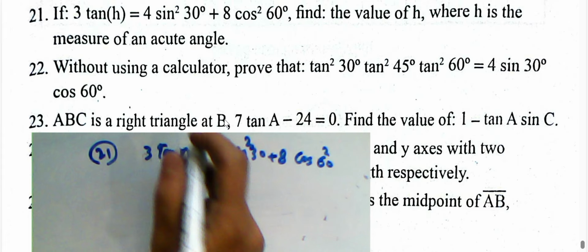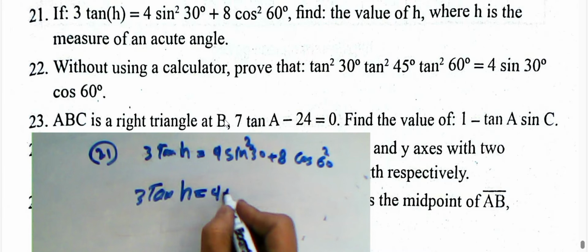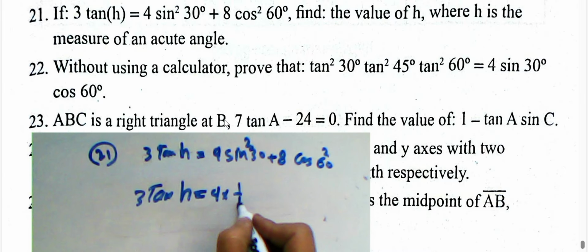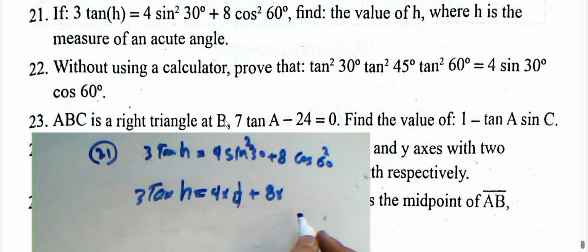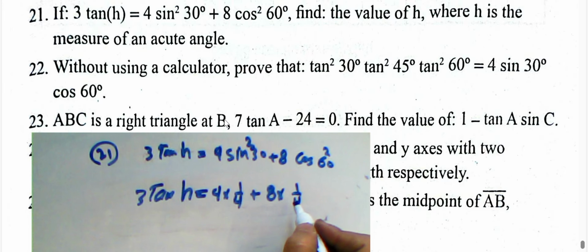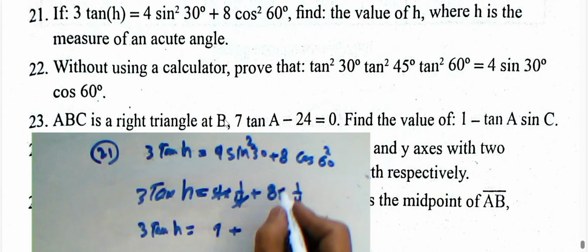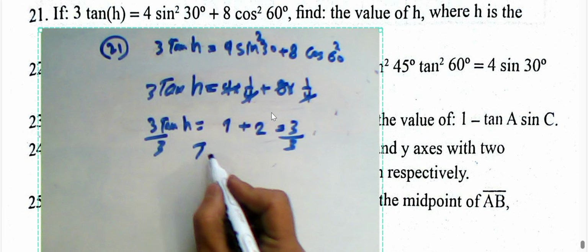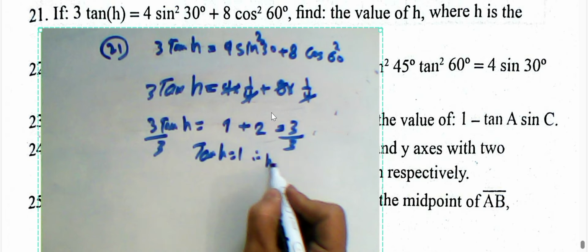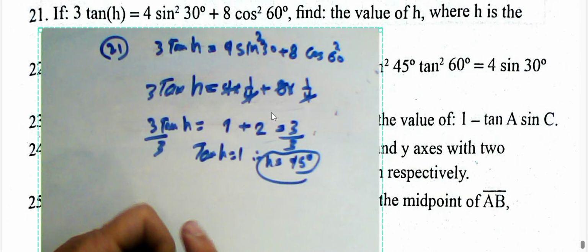We can write 3 times tan h equals 4 times sine 30, which is half, squared is a quarter, plus 8 times cosine 60, which is half, squared is a quarter. So 4 times a quarter is 1, and 8 divided by 4 is 2. 2 plus 1 is 3, and dividing by 3, tan h will be 1. Then the value of h equals 45 degrees. The measure of the angle will be 45 degrees.